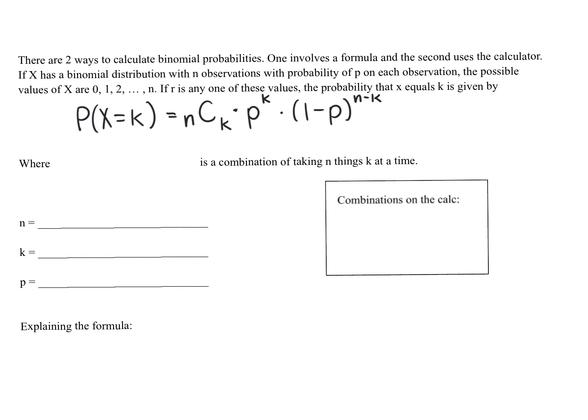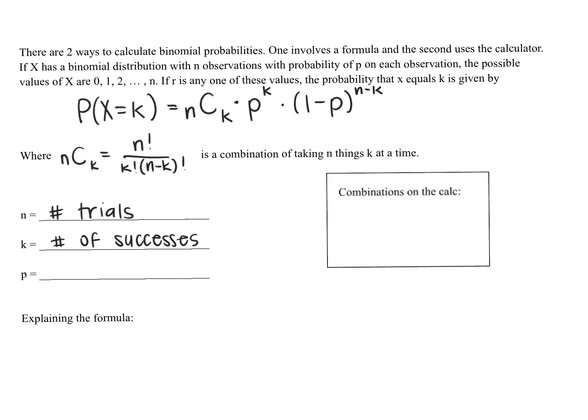So we use the nCk, which is from our previous section with combinations and permutations in 2.5. We know it's going to be the formula n factorial over k factorial times n minus k factorial. So that's your combination. So n is our number of trials. k is our number of successes.